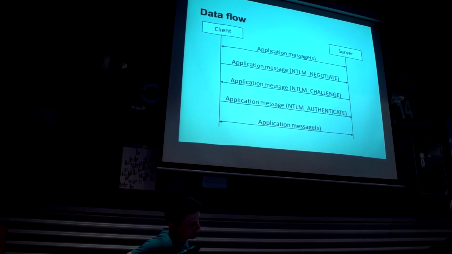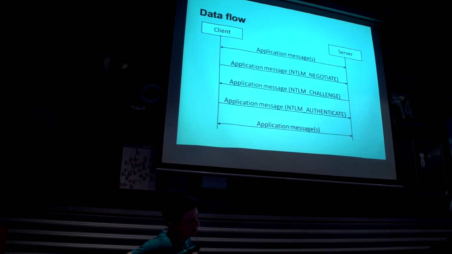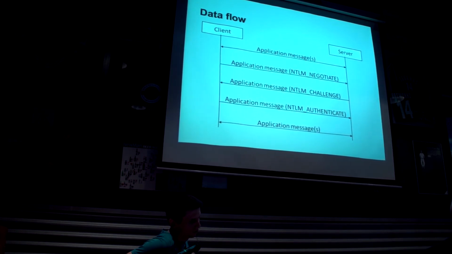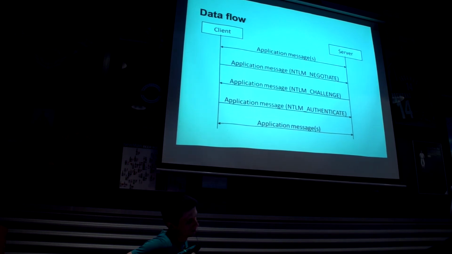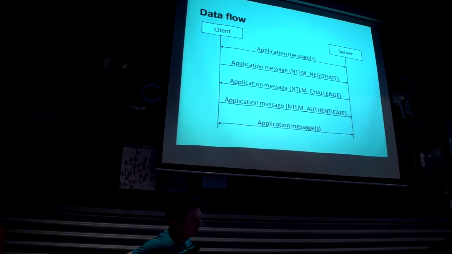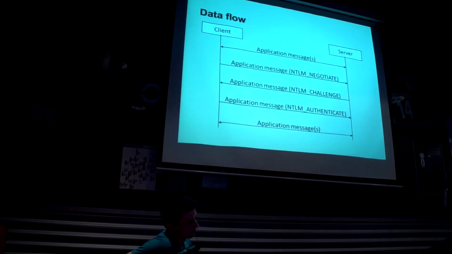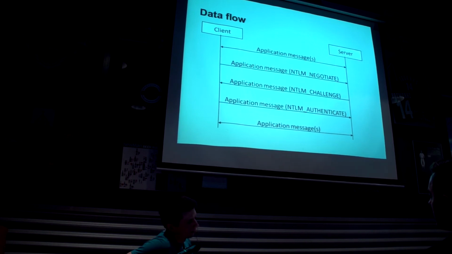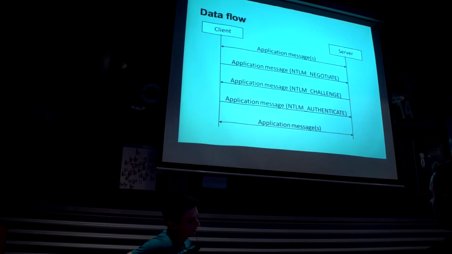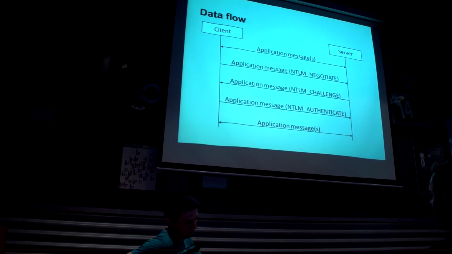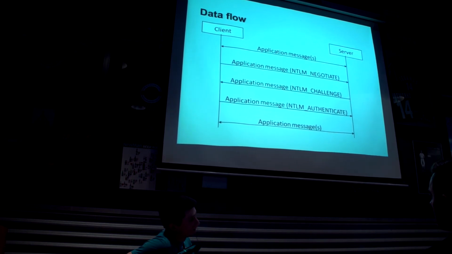This message contains the capabilities and configuration of the client, what protocols and what options of that protocol the client currently supports, and so on. In response, the server will send the so-called type 2 message, which will contain the challenge, server options, and so on.